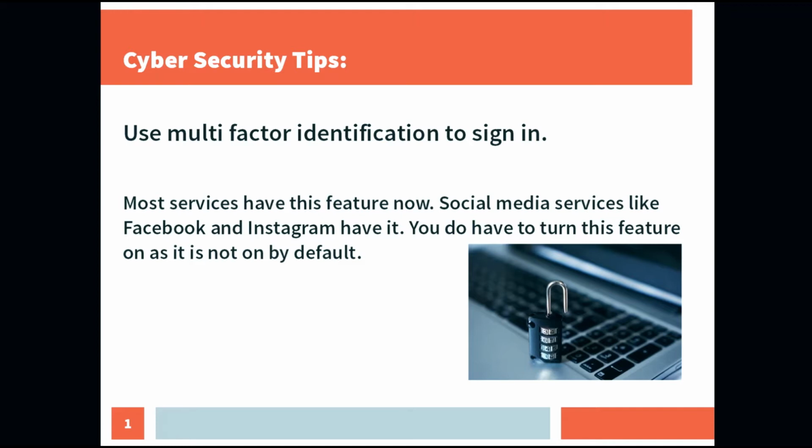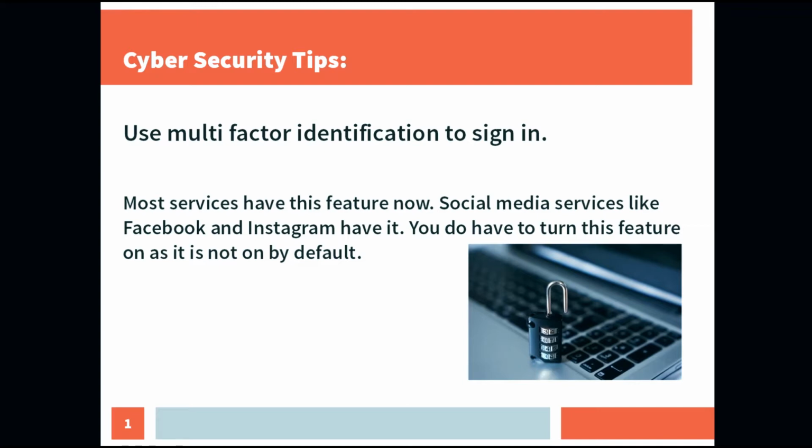So multi-factor or two-factor identification is where you've got your password, that's your number one, and your second is where you use an authentication app like Google Auth. There are a couple more, but I use Google Auth for mine. If you're using an Android phone, it's easy to download, and it changes the access codes all the time.